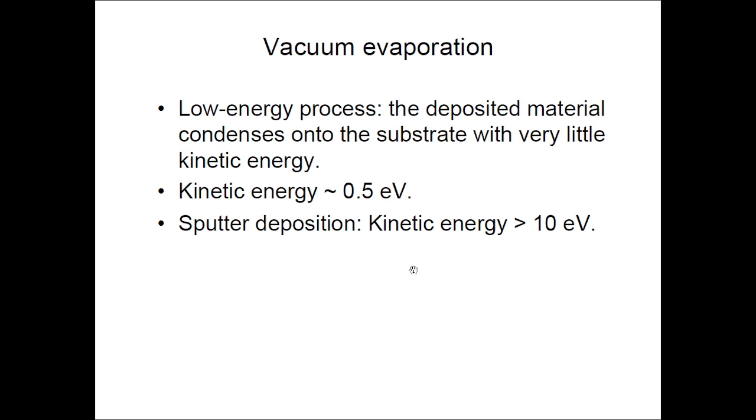Okay, and when you talk about sputter deposition, that will be covered in the next slides. In sputter deposition, the kinetic energy of the particles coming onto the substrate is very high, more than 10 electron volt. So sometimes the adhesion to the substrate will be a problem.